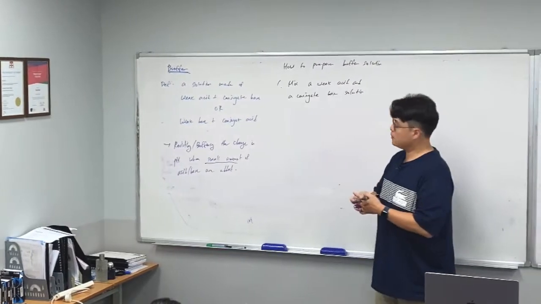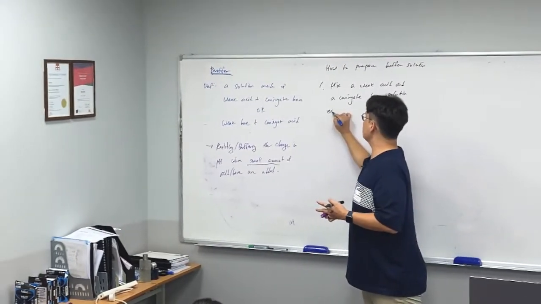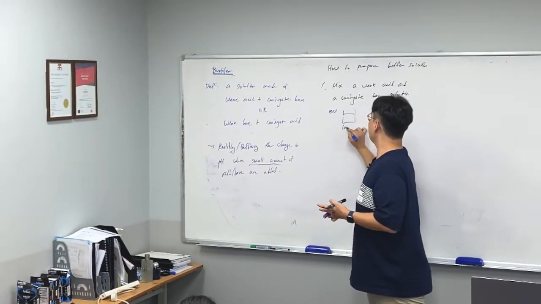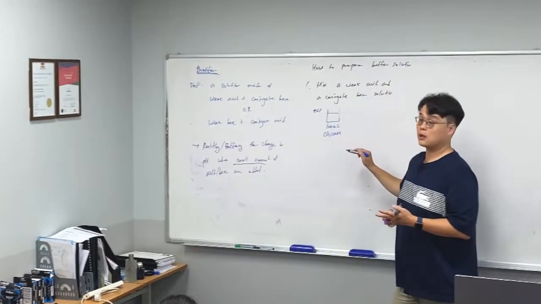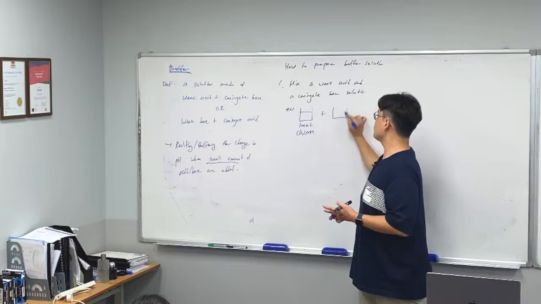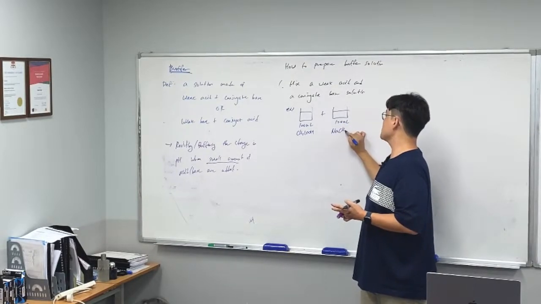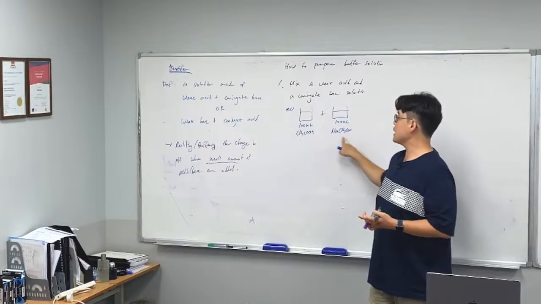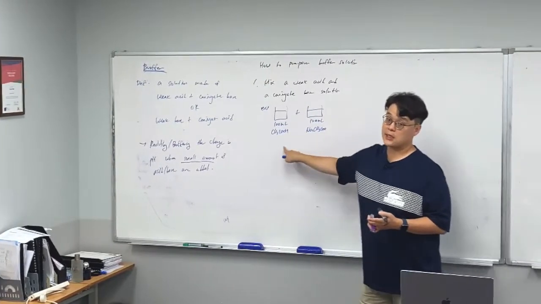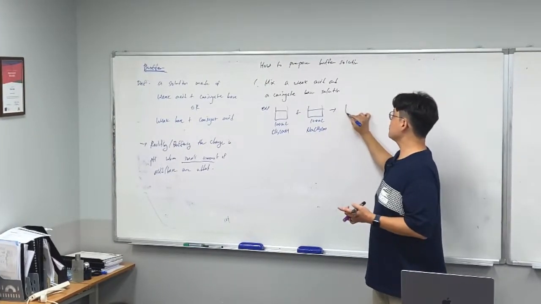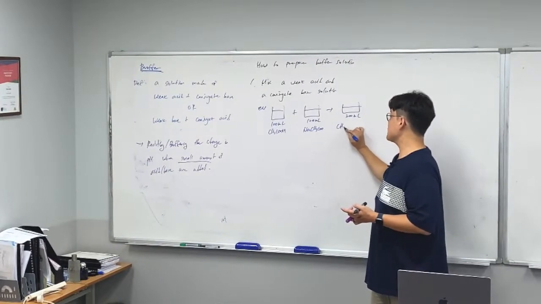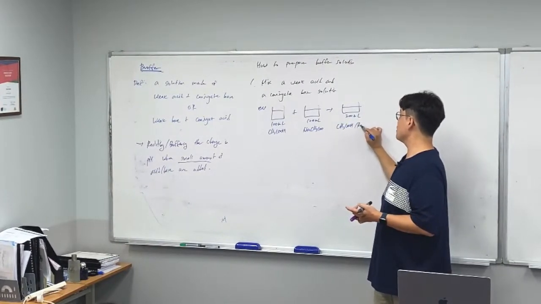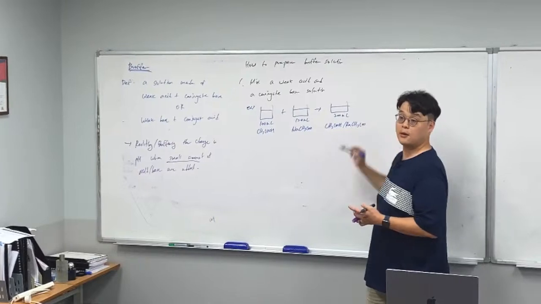So for example, I'm mixing 100 mL of acetic acid plus another 100 mL of sodium acetate. The acetate is the conjugate base of acetic acid. Then you're making 200 mL of a solution of acetic acid and sodium acetate.